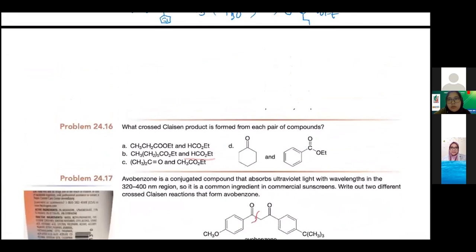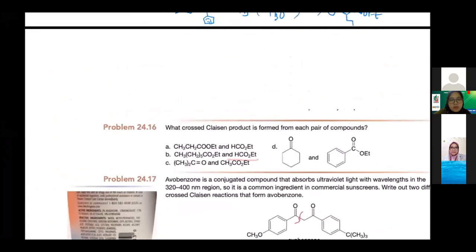First, we think again about the one with negative charge. This is the alpha position, and it reacted with this one. Yes, the nucleophilic attack.